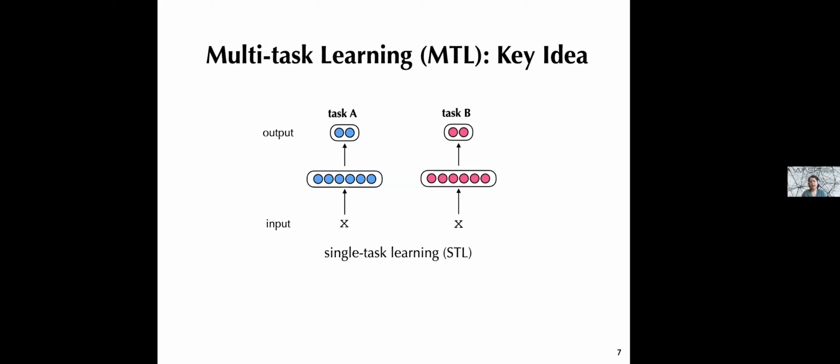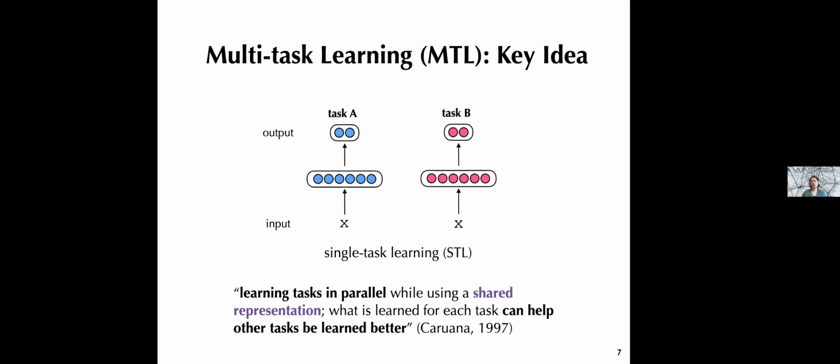The key idea is essentially, instead of learning two tasks separately from scratch, you want to learn a model in parallel, or you want to share knowledge between models or tasks in order to improve the modeling.